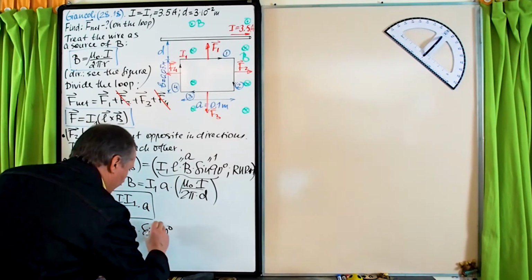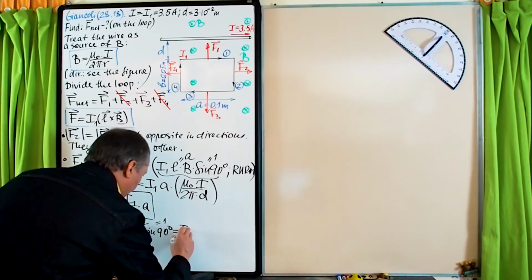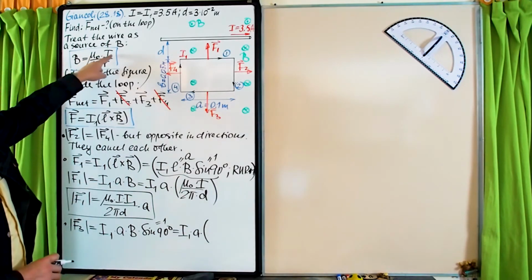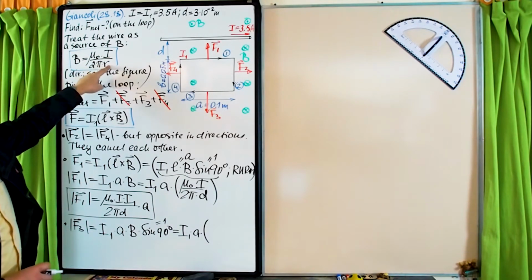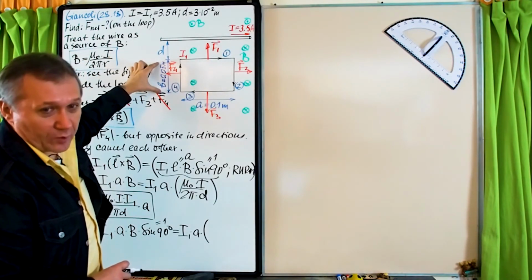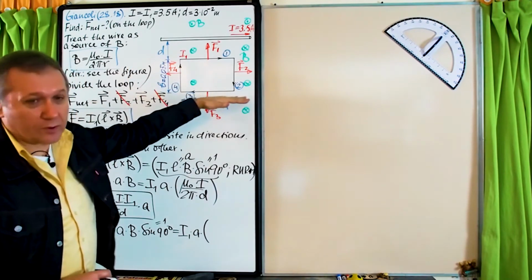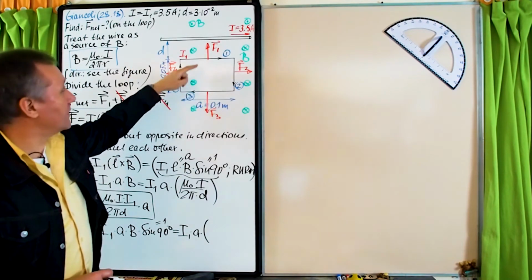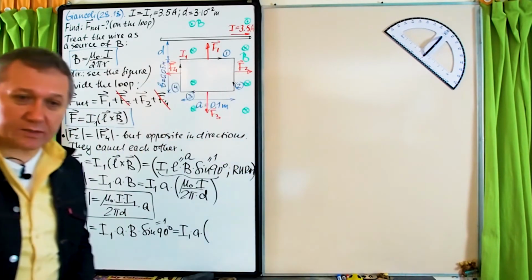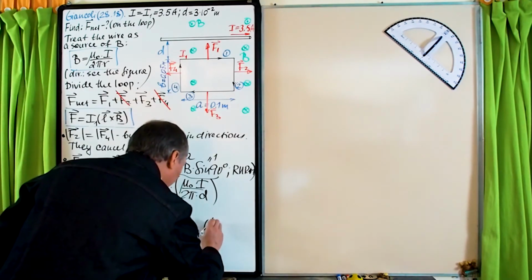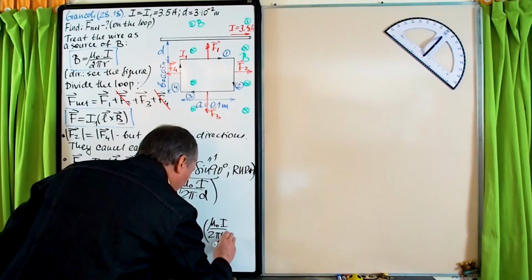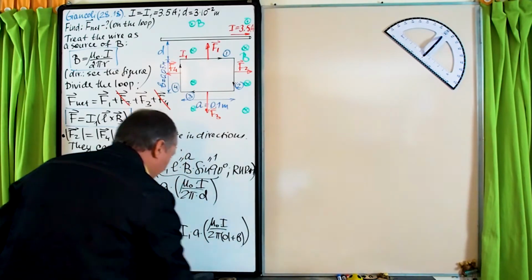But now, of course, B is I1 A. And instead of B, I will write the same, but now mu naught I divided by 2 pi R. In that case it will be D plus B, because the bottom of this loop is at the distance D plus B. So I will write here mu naught times I divided by 2 pi (D plus B).